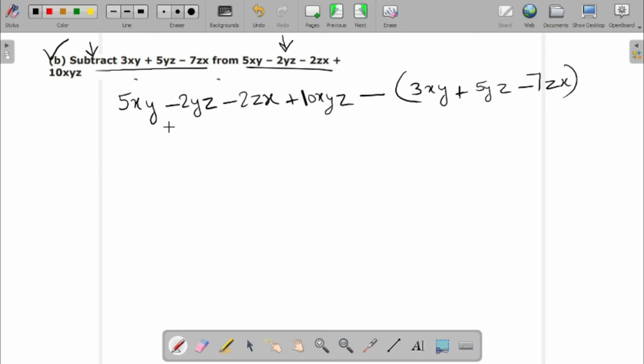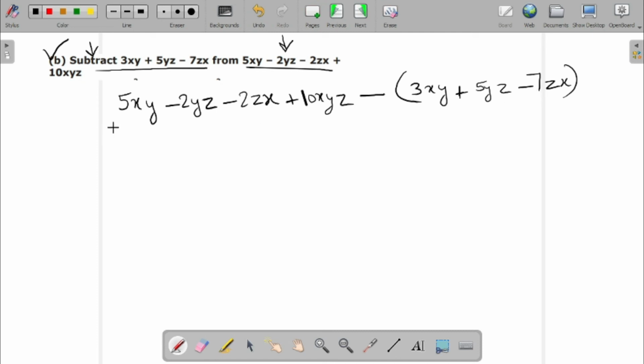So after this step, we open this bracket. Whenever we open this bracket, that means we have to multiply by minus, or the sign of each term gets changed. Just opposite. If it is plus, it will become minus. If it is minus, it will become plus.